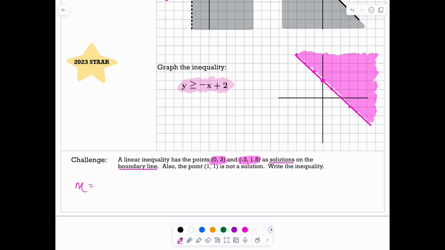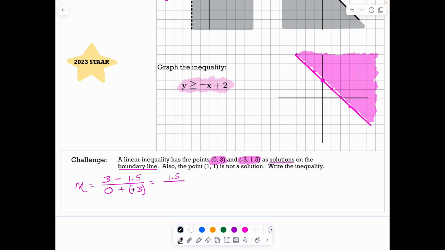So my slope is change in the y values divided by the change in the x values. So this is going to be 3 minus 1.5 is 1.5. And 0 minus a -3.